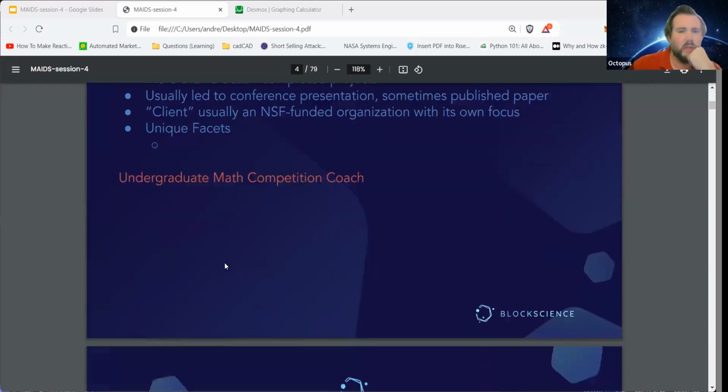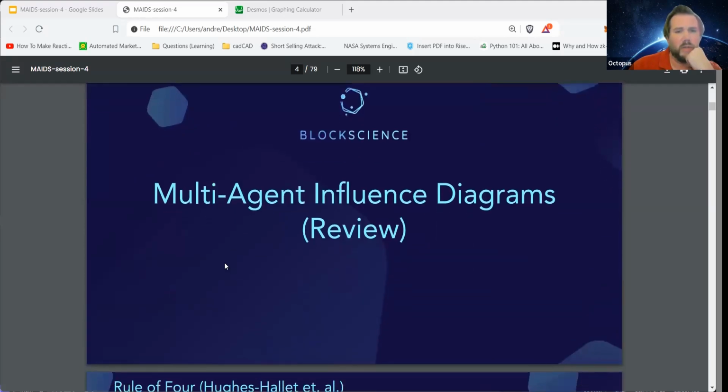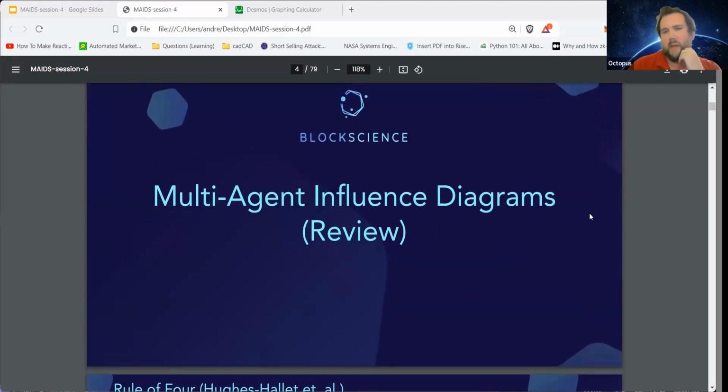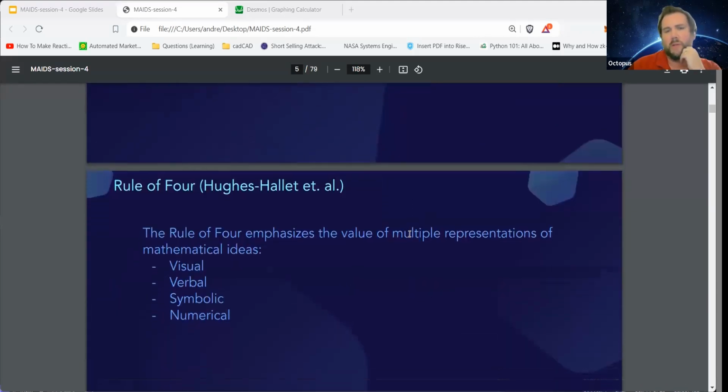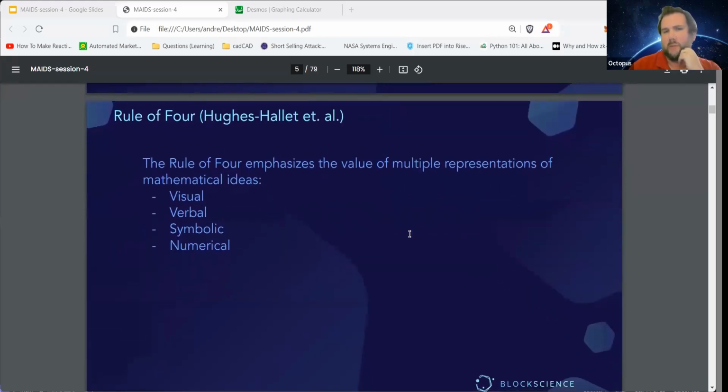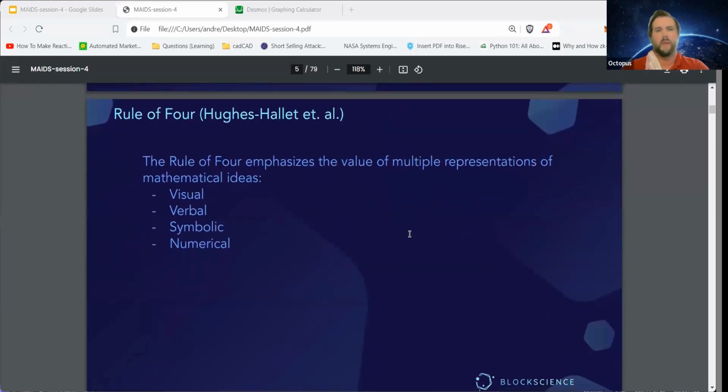And that leads to multi-agent influence diagrams. How? Well, first, one of the things that I don't think I've made explicit enough in the previous talks, but I'd really like to emphasize now, is that one of the things MAIDs do in our modeling process is leverage these interconnections between different types of thinking about a problem.